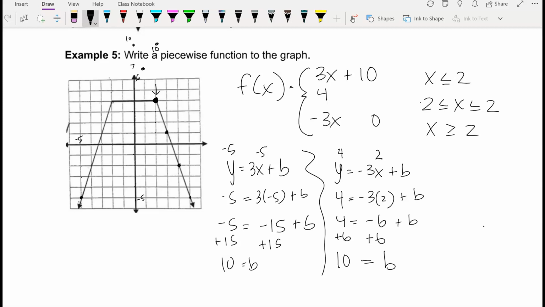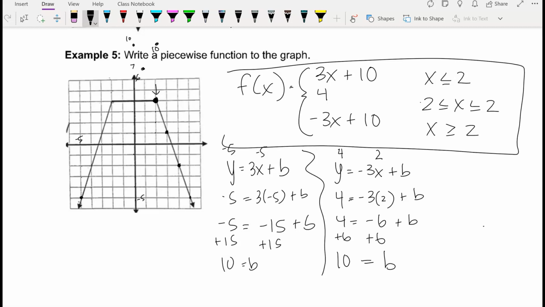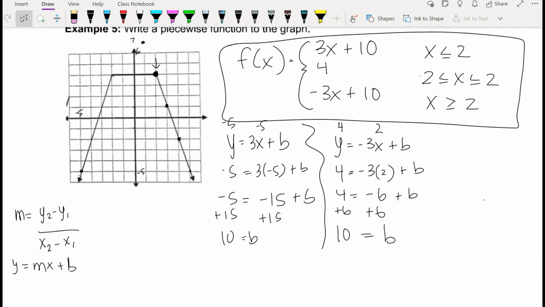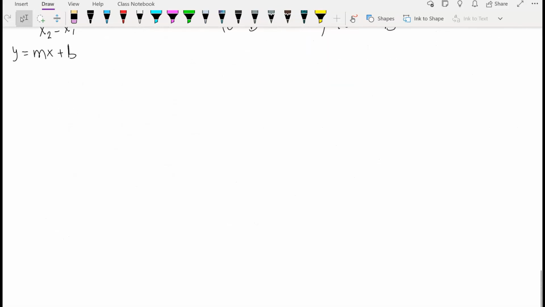All right. Oh, plus 10. And you can also use your slope formula to find your slope, and then the y equals mx plus b to find your b value or your y-intercept if you didn't want to count how many up and over you go.